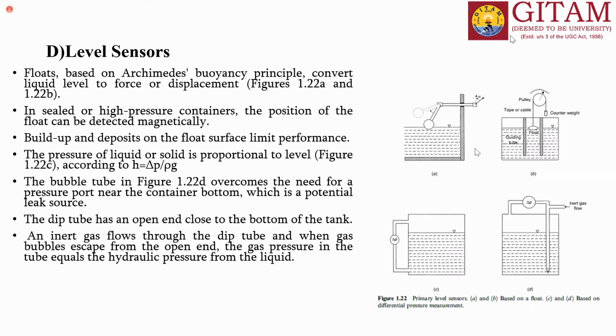So here we have arranged a float. If the liquid is here, the float position will be here, and we can estimate the position of the float by using a scale. If the liquid level is more in the tank, this float will reach this position, and that position we can detect by the scale. So it is a simple method.